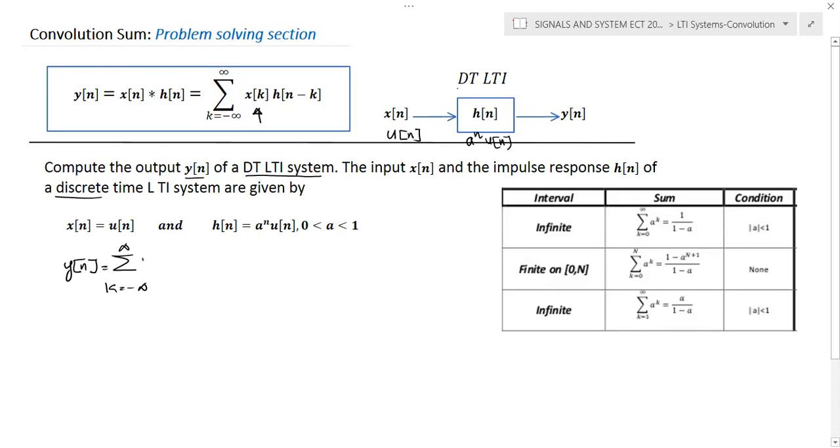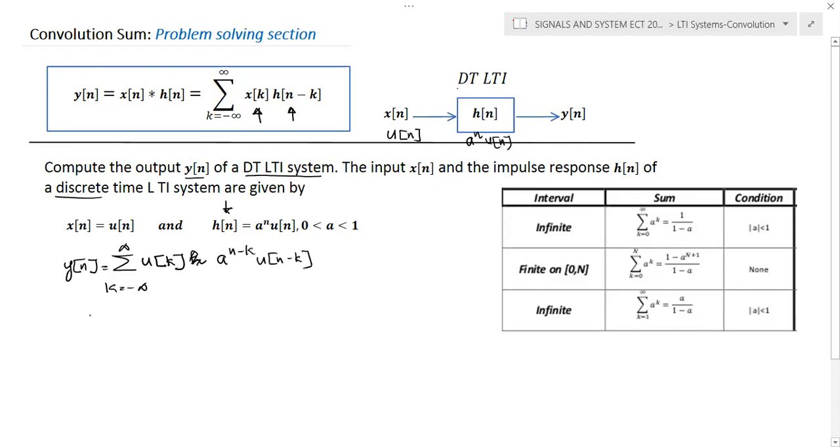So you'll get u of k, into, in place of h of n minus k, here it is given h of n, so in place of n you can substitute n minus k. So h of n minus k is a raised to n minus k into u of n minus k.